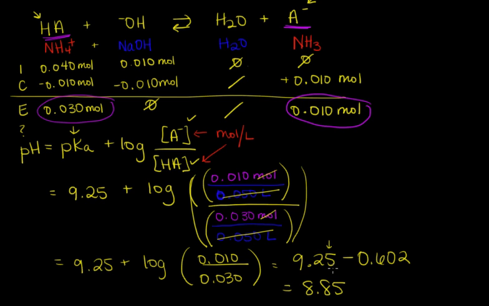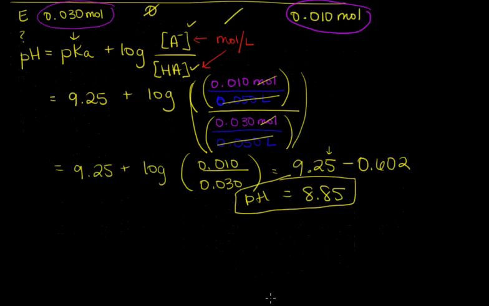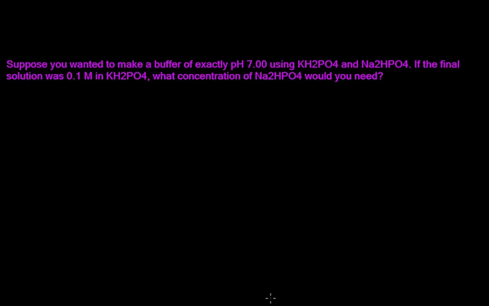This is tenths hundredths place, this is tenths hundredths thousandths place, so we go to the hundredths place. And this is what the pH is. So you do this when you have ratios of HA and A minus to figure out what the pH would be. Okay. Next question. Little more challenging.